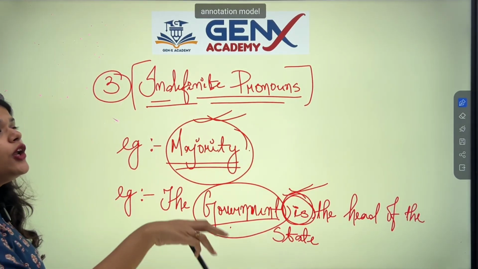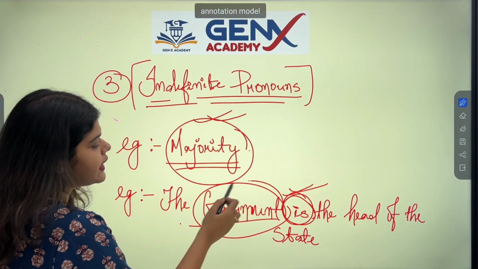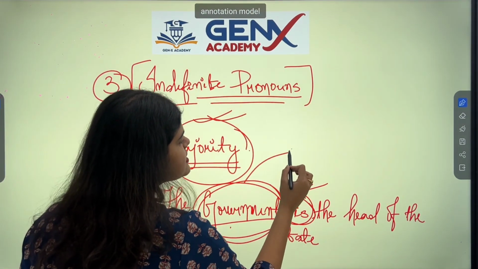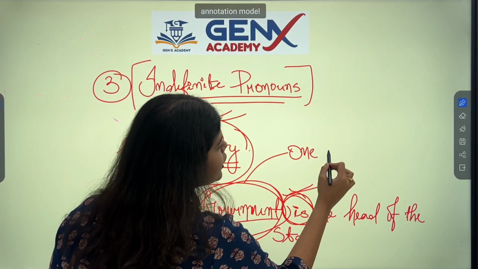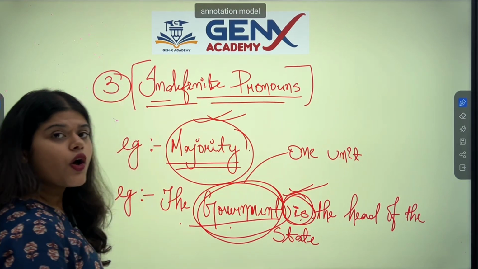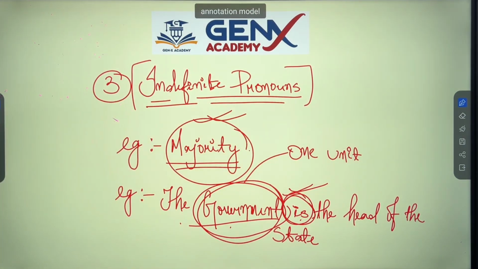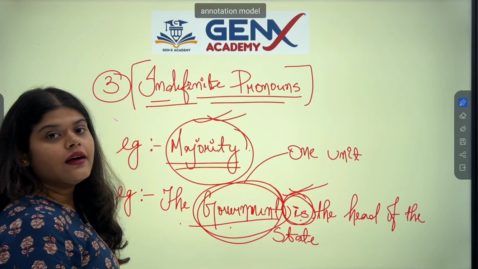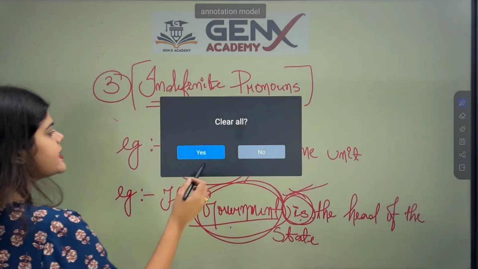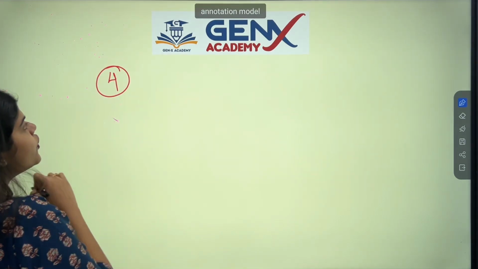There might be a lot of people within the government, but the collective noun will be treated as one unit and denoted by a singular verb. Let's move on to the next exception.